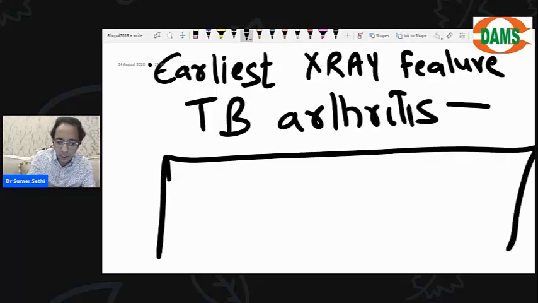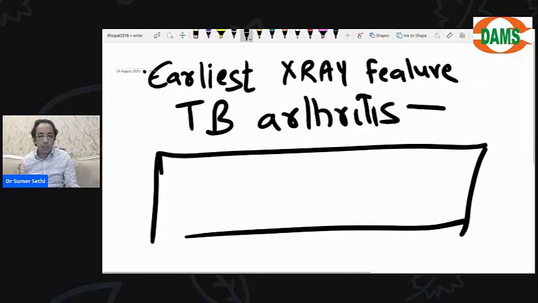Let's see how many of you can answer this question now. If you have understood the concept, you will be able to do it. Earliest X-ray feature of tubercular arthritis is. Any one of you can answer better.